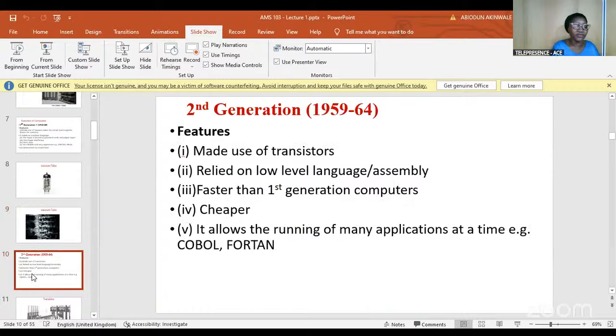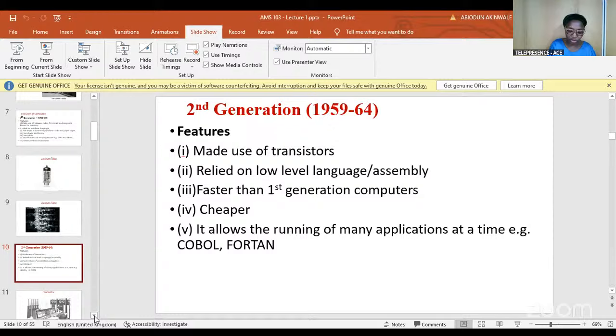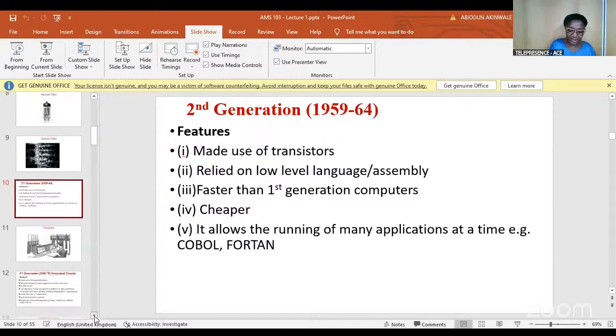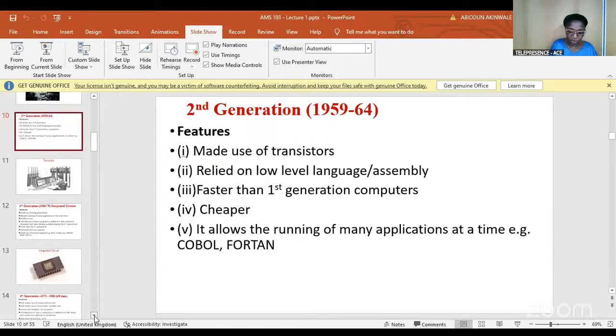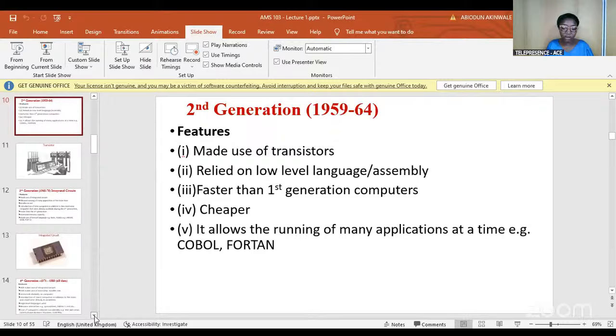Of course, for the first generation computers, the year has been indicated. You may not find some consistency if you go online to look for information. But for the first generation computer, you have from 1946 to 1958.